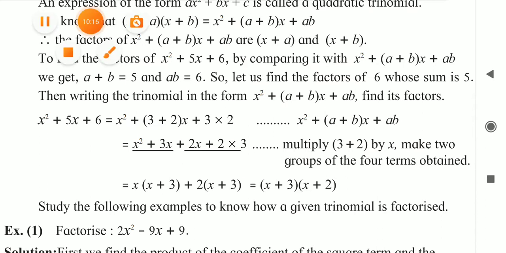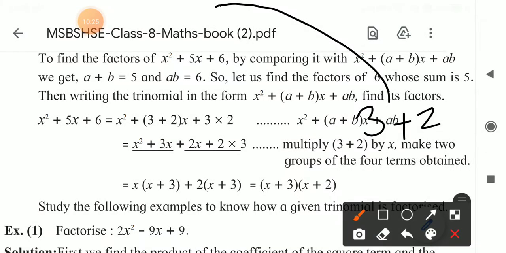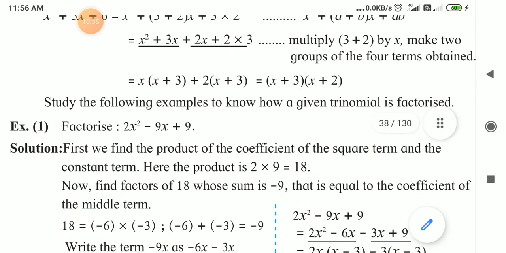Those terms are 3 and 2. 3 plus 2 is 5, and 3 into 2 is 6. In this way they solve the example, no problem.